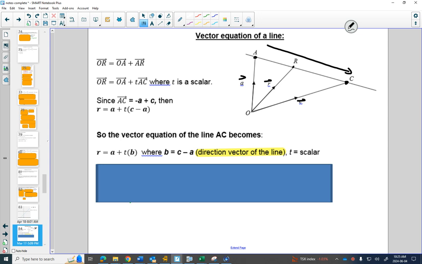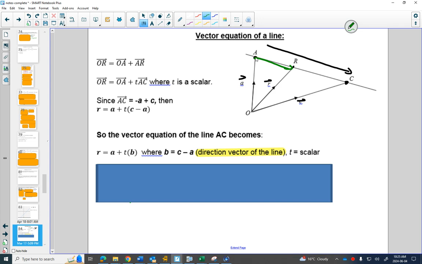And if you wanted to get to any other point on your line, all you would have to do is start at your origin. Let's say I want to get to point R. I could start at my origin and go to point A, and since I know the direction of my line, I just have to go in that direction a certain distance, something parallel.